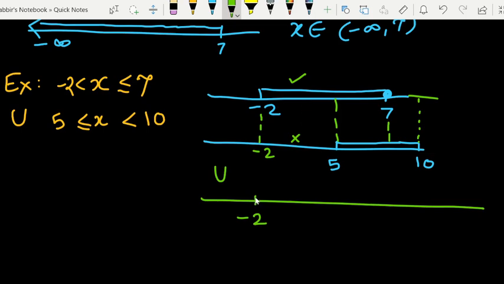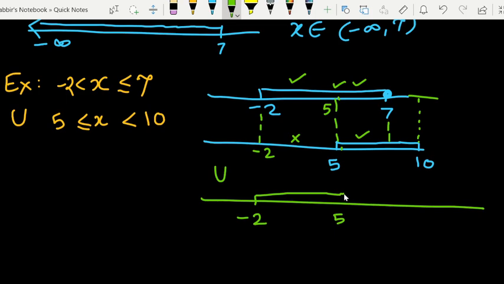So since we are taking the union, we will take all the points from minus 2 to 5. Now moving on, 5 is included here, although 5 is not included in the first, so 5 would be there. Values greater than 5 are now common to both.